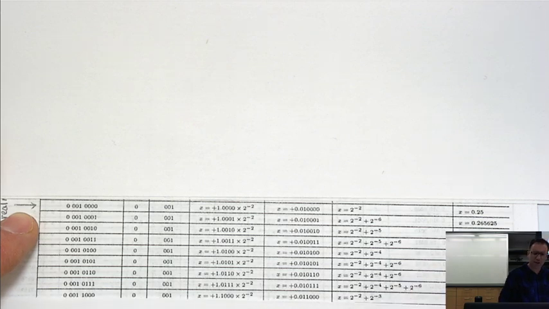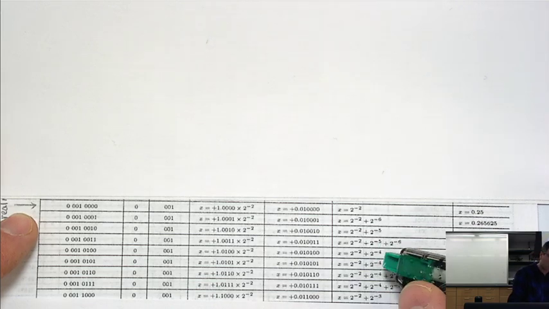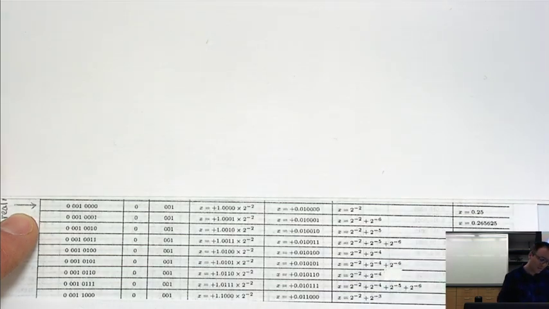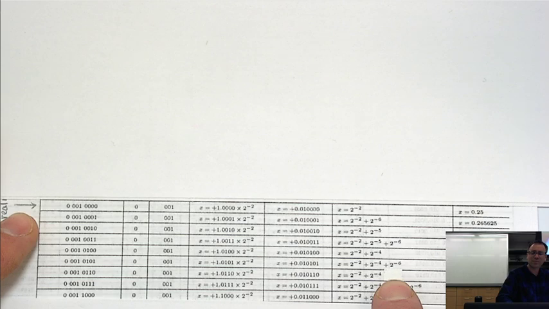I think there's an error right here. I think that should be 2 to the negative 5, right? Yes, because 2 to the negative 6 plus 2 to the negative 6 is 2 to the negative 5.